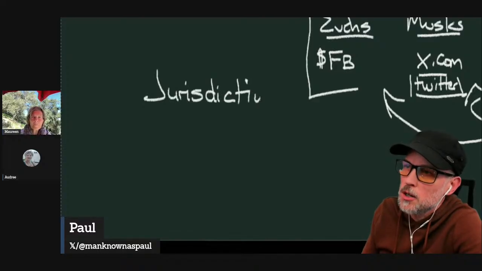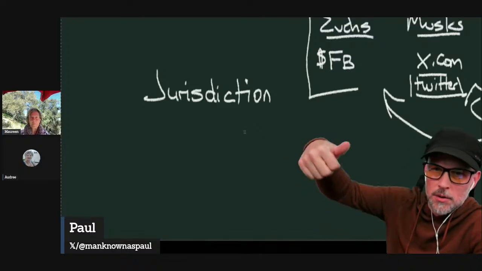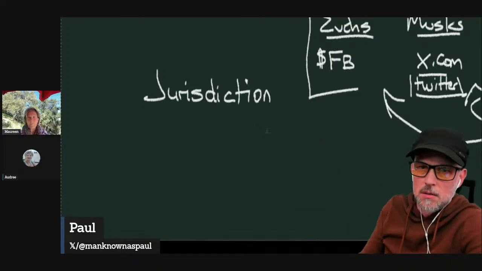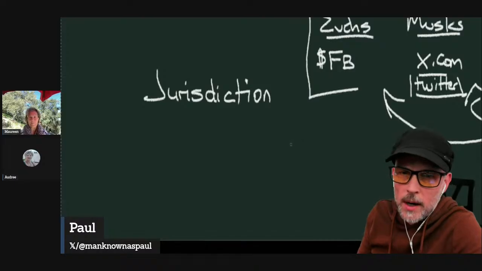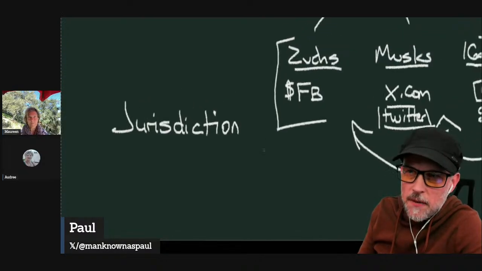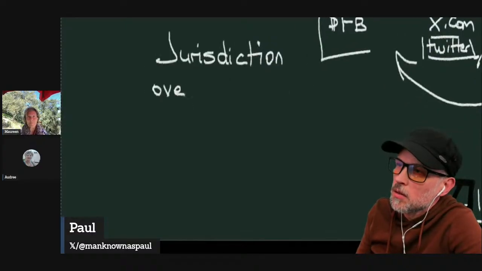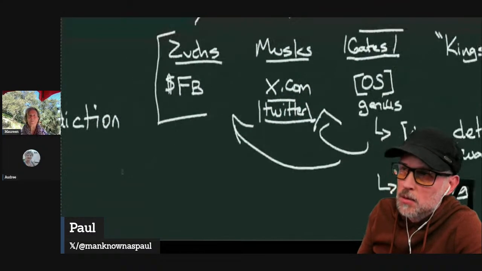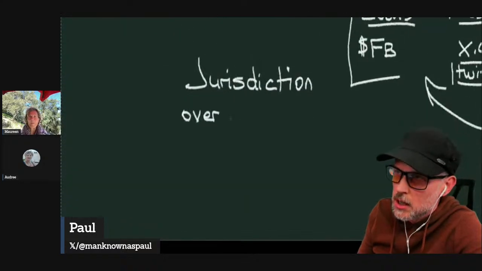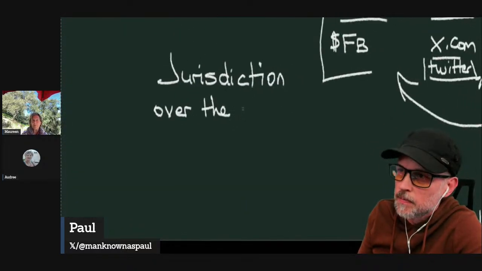Remember, Wayne just got, imagine taking your thumb and squishing an ant. It's not that Wayne was dependent on X, but in that jurisdiction, in that realm, Musk has jurisdiction over the, what is it?